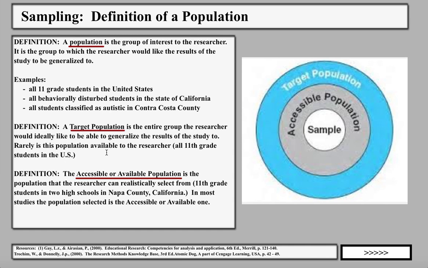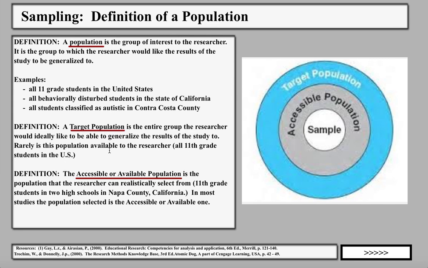The target population is the entire group the researcher would ideally like to be able to generalize the results of the study to, and rarely is this population available to the researcher. As an example, if we wanted to study the population of all 11th grade students in the United States, that would be way, way too large a population to be able to study.